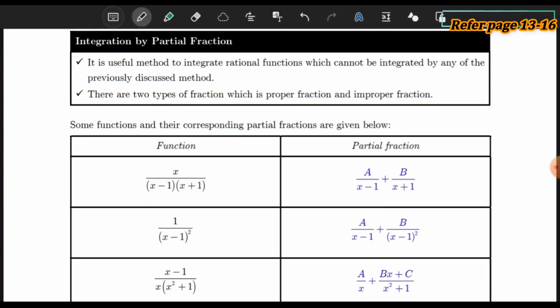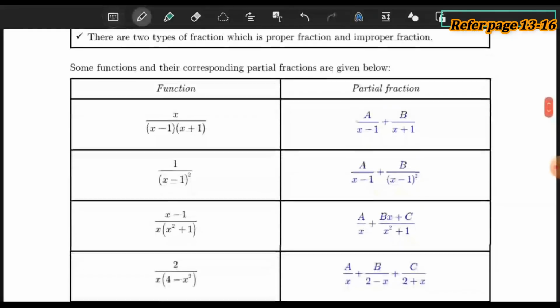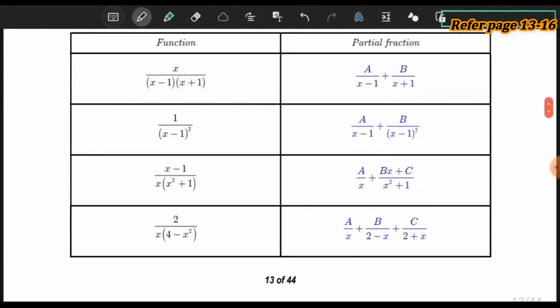Integration by partial fractions. For partial fractions, you need to make sure that the function is a proper fraction. So, for this method, you need to recall your partial fractions that have been learned in your first semester under chapter polynomial.